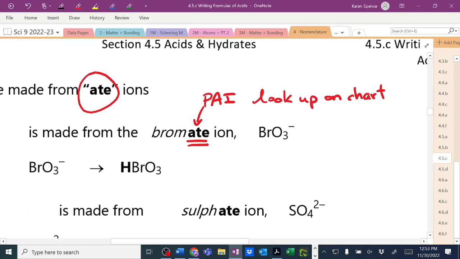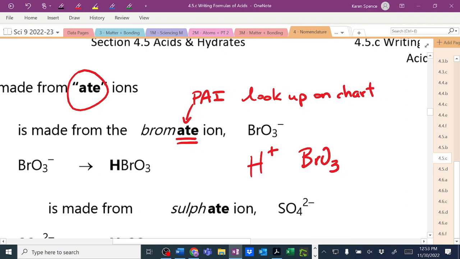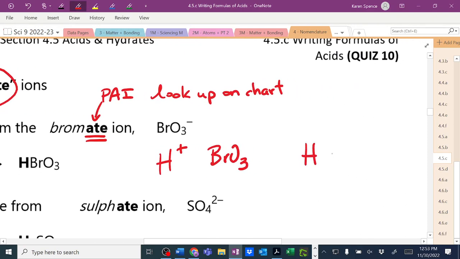So we look it up, it is BrO3 minus. We say I have an H plus, I have a BrO3. So my formula is then HBrO3.